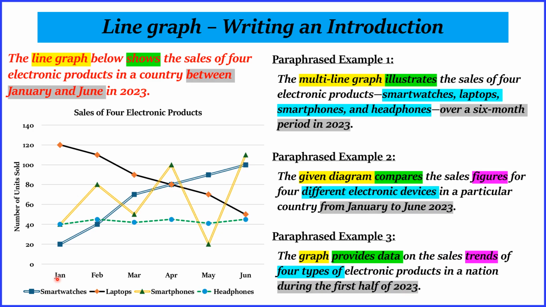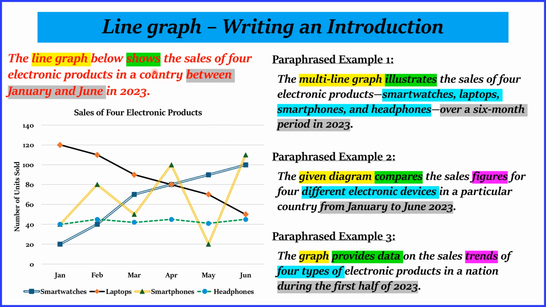Pause the video here and take a moment to identify the changes made in these examples. The highlighted words in different colors show the changes. For example, the word line graph in the question is highlighted in yellow, and any alternatives to line graph, such as multi-line graph, given diagram, or graph, are also in yellow.